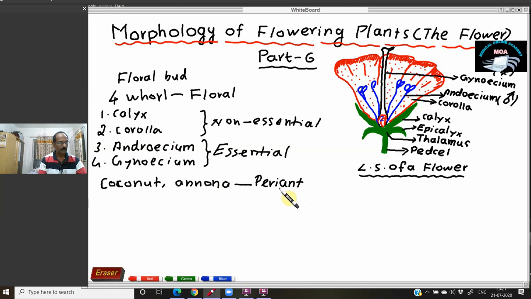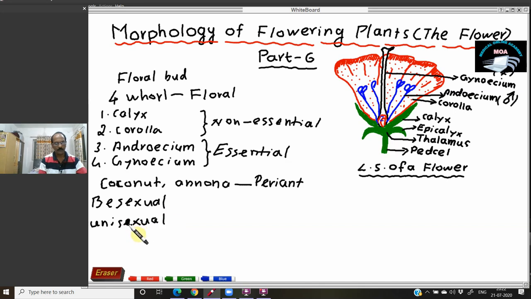Next, flowers are of two types: the bisexual flower and the unisexual flower. What is the meaning of bisexual? Why are some flowers called bisexual and some unisexual? What is the difference between the two?